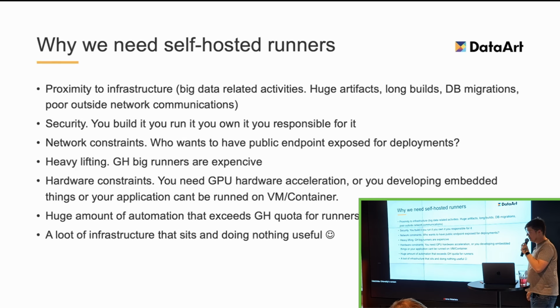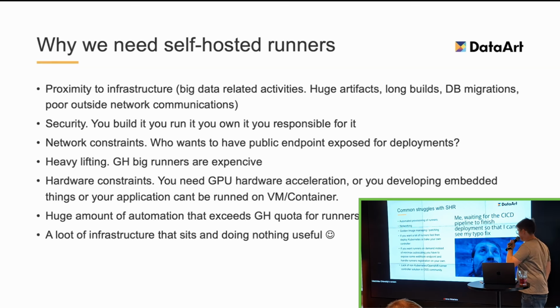Imagine you have a data center, your on-premise organization, with a lot of virtual machines that you simply don't use, and you spend all your GitHub quota on GitHub runners. Why, when you can just use your own infrastructure?